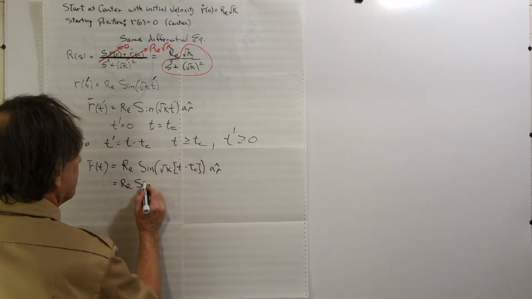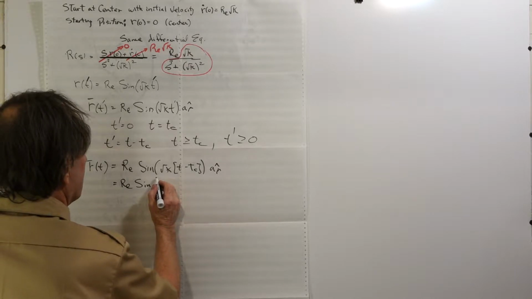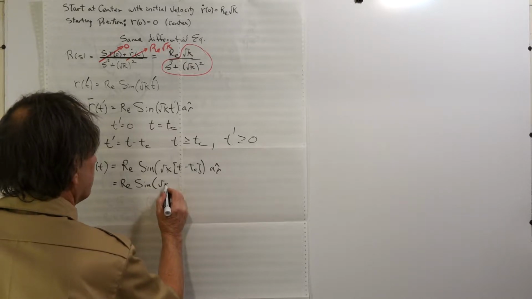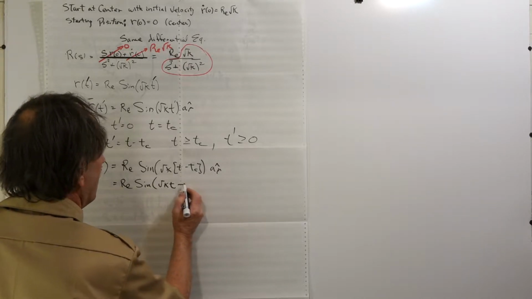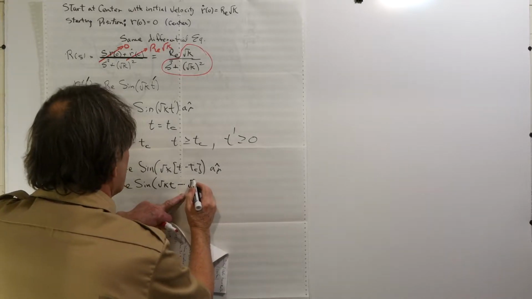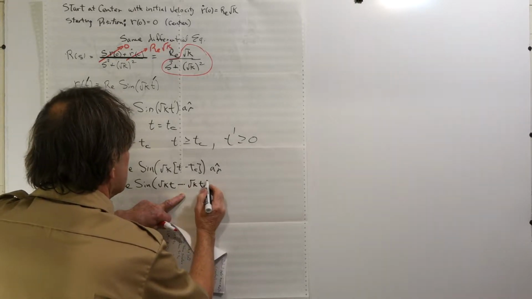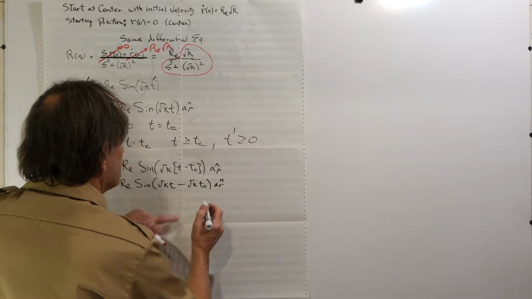So we have Re times the sine of square root of k t minus square root of k tc in the a_R direction.